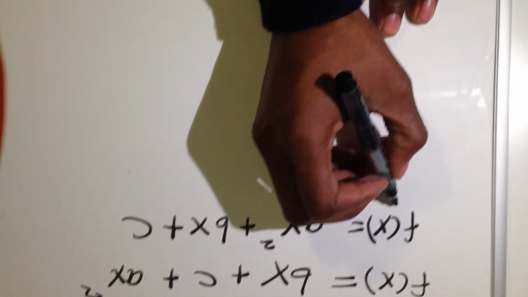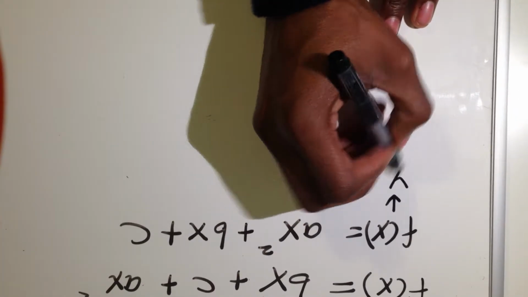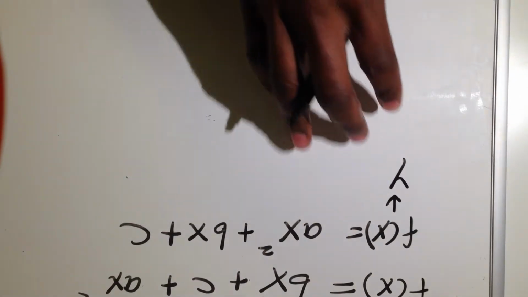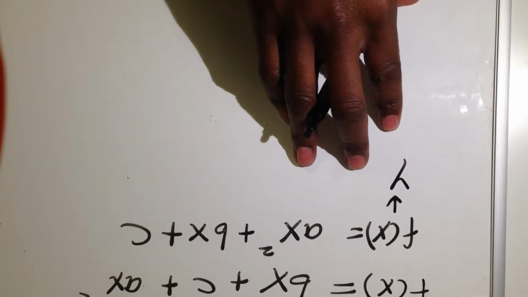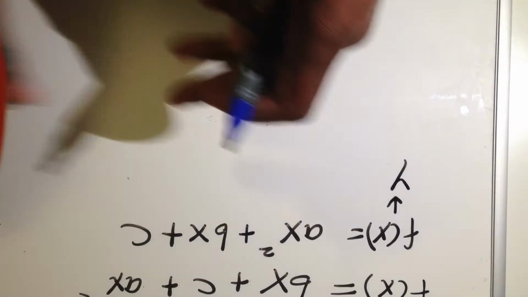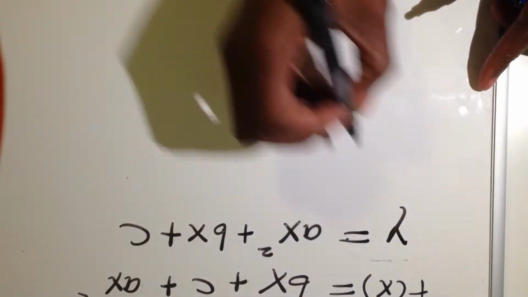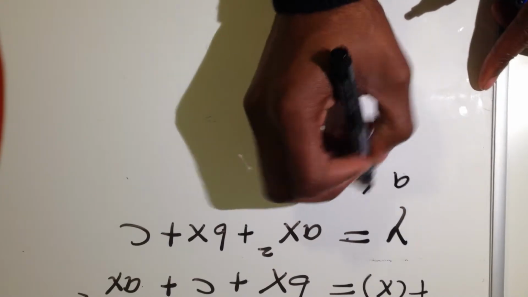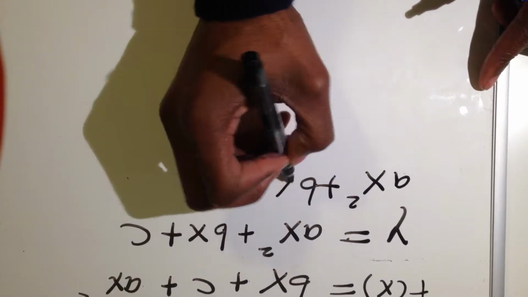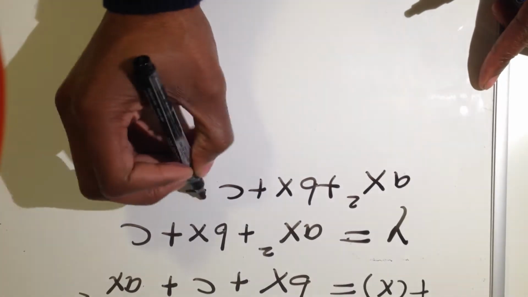But what I like to do first is change this to y, and I like moving y over to the other side. So I'll change this to y, because I like to do that, and do it like this: ax squared plus bx plus c equals y.